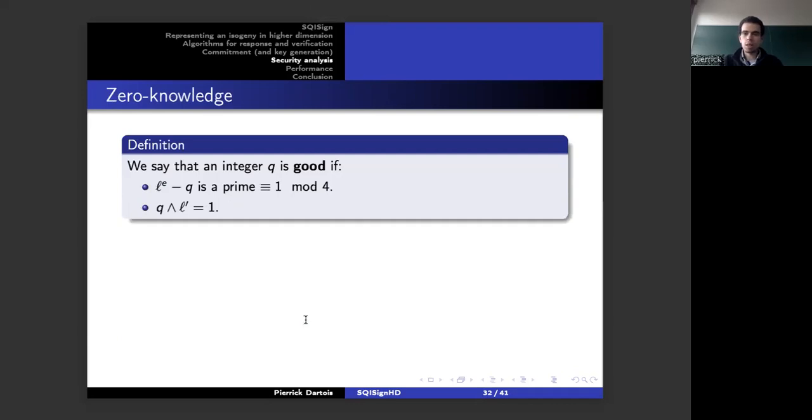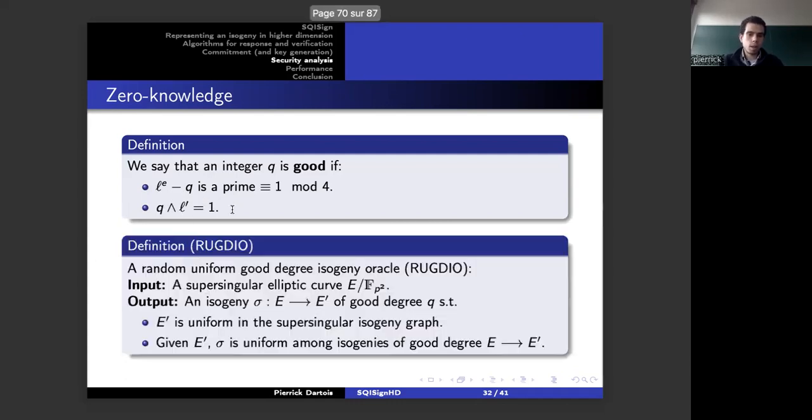Now we present the zero knowledge. For the zero knowledge, we need to introduce an oracle to make the protocol simulatable. We say that an integer is good if it satisfies our constraints for Q: L^e minus Q is prime, congruent to 1 modulo 4, and of course coprime with L prime for soundness reasons.